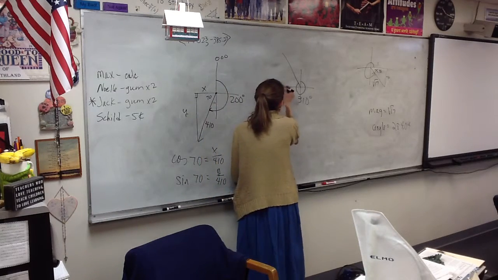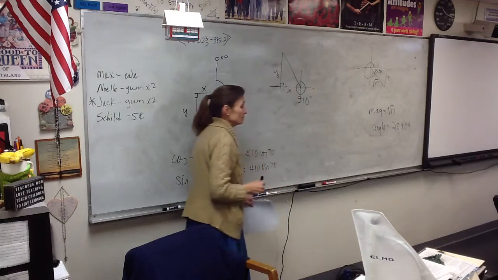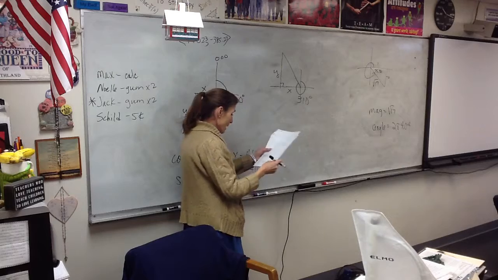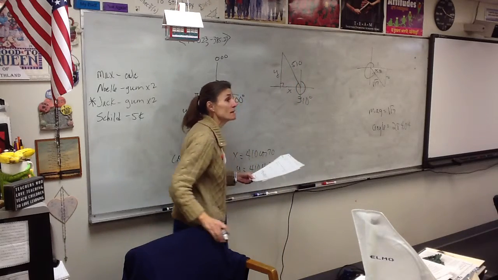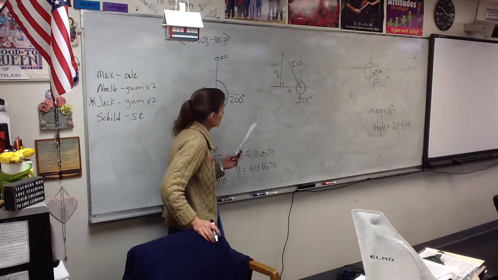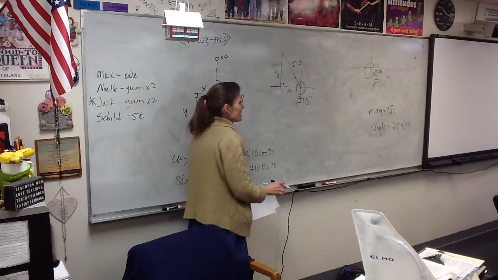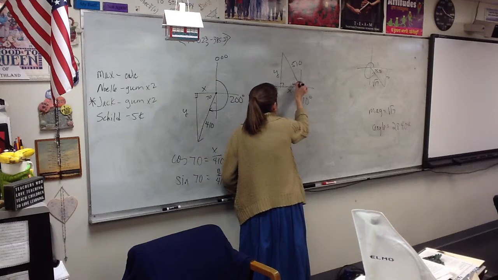Now I need my components, so I'm going to make a triangle. Here's x, here's y. I know this is 510. The speed is the magnitude. How about my angle? This is 40.